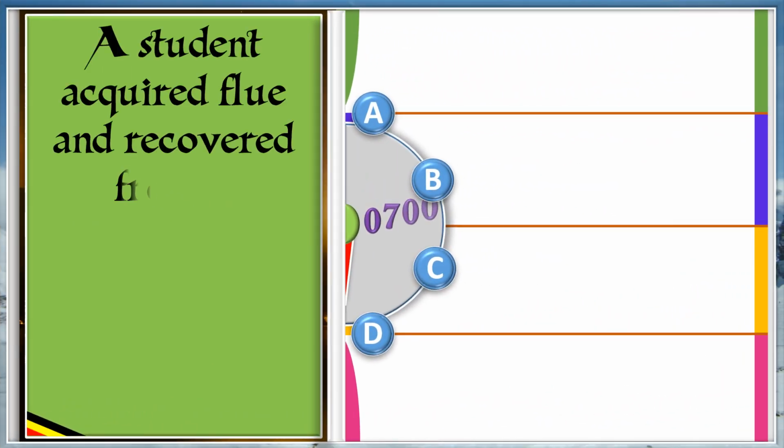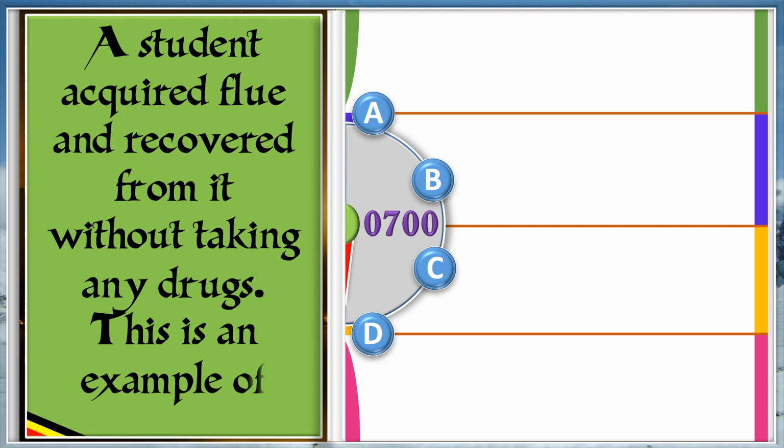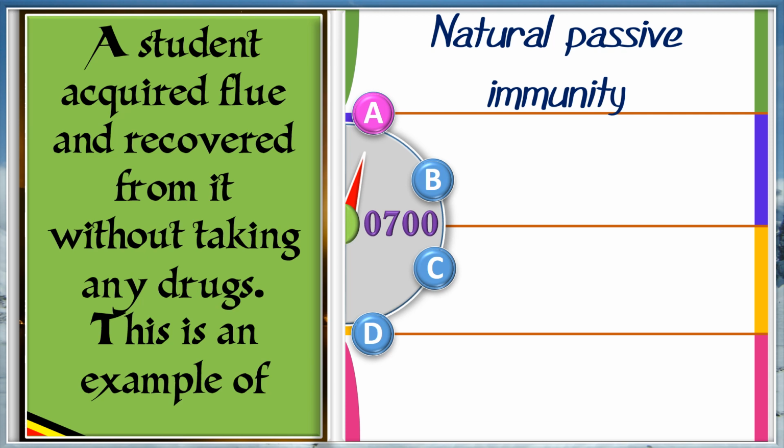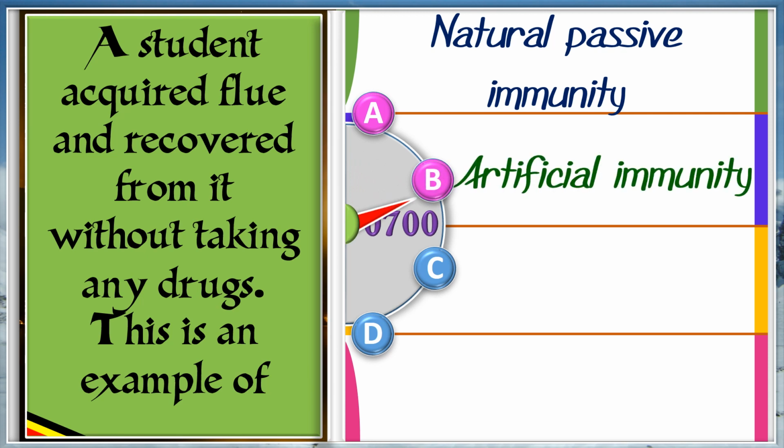A student acquired flu and recovered from it without taking any drugs. This is an example of A. Natural passive immunity. B. Artificial immunity.